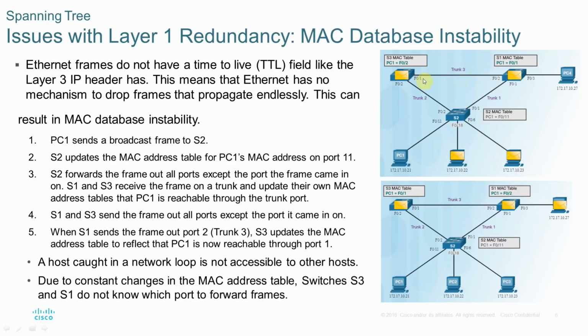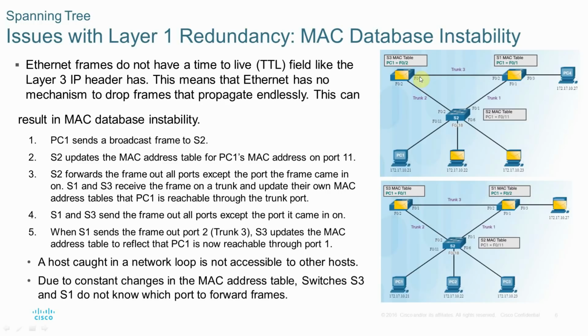So it will get confused, because abruptly this MAC address will be changed. Before, it added FA02 in the MAC table, because PC1 was accessible through FA02. Once it receives this Ethernet frame, it updates: now PC1 is accessible through FA01.